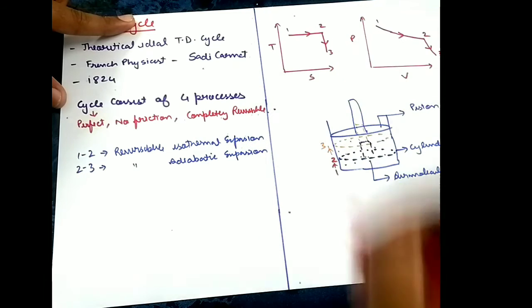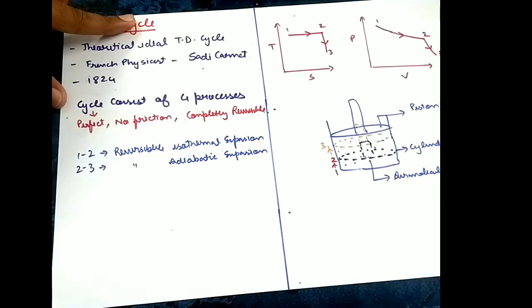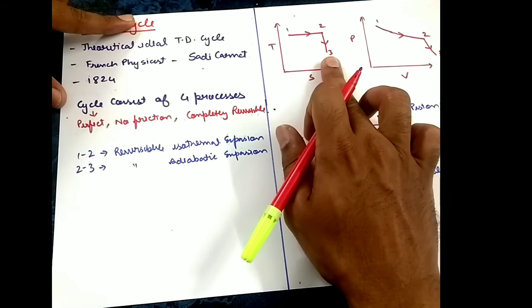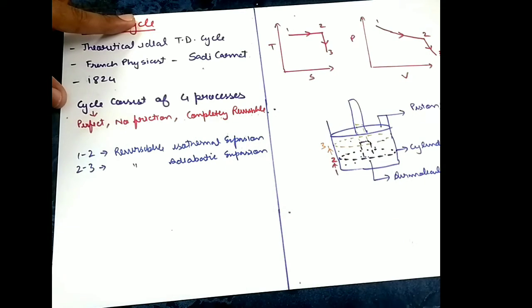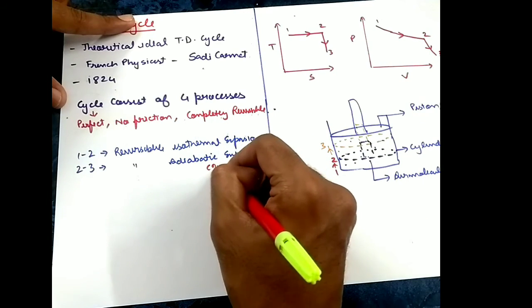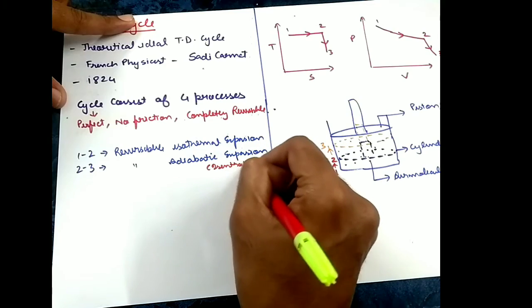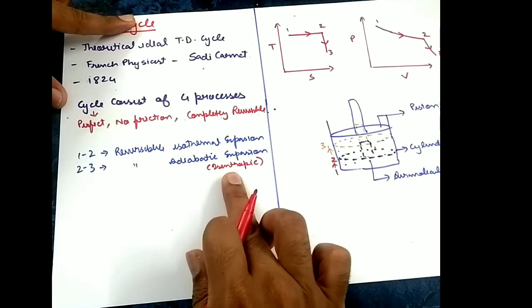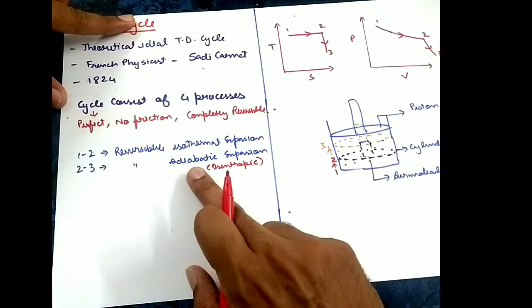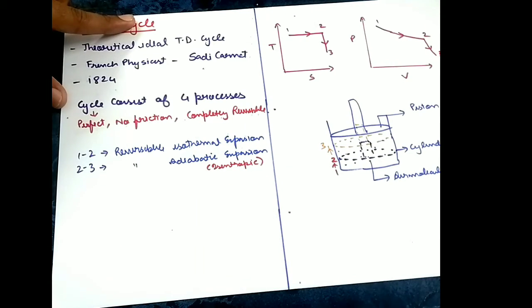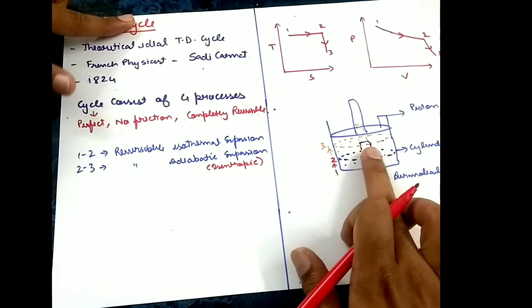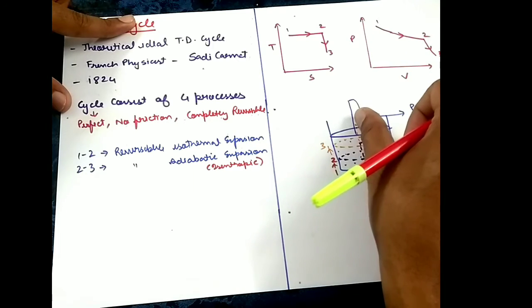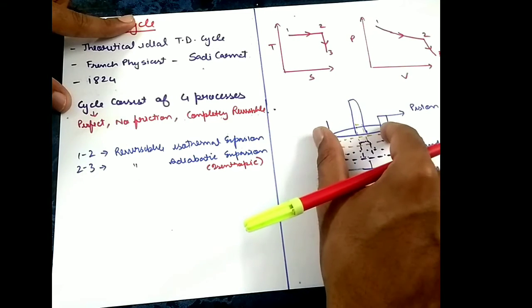This is an isentropic process, which means there is no heat loss here. So the 2 to 3 process can be called an isentropic process. This one is the isothermal process, and this is the isentropic process, which can also be called an adiabatic process.